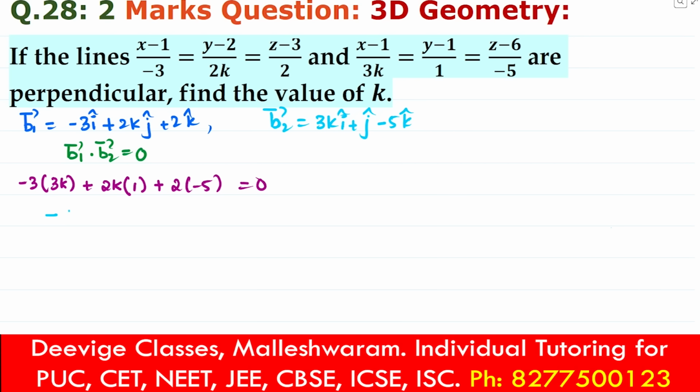Minus 3 into 3k is minus 9k, plus 2k, plus 2 into minus 5 is minus 10, equal to 0. Now minus 9k plus 2k is minus 7k. If I take minus 10 to the right side, it becomes positive. Therefore, the final answer is k is equal to 10 divided by minus 7.